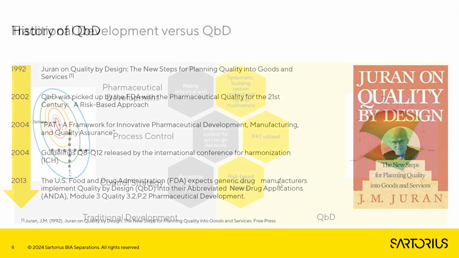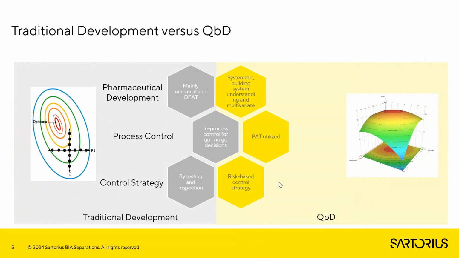And so I want to think a little bit about what QBD is in medicine development or in process development, and how it differs from the traditional approach. We can broadly differentiate three large segments under which we can cluster the differences in approaches.